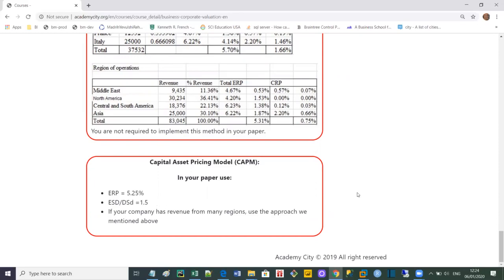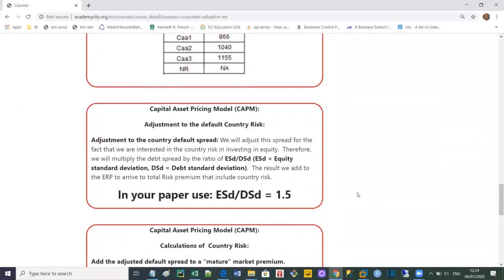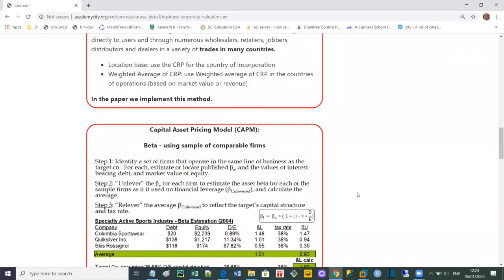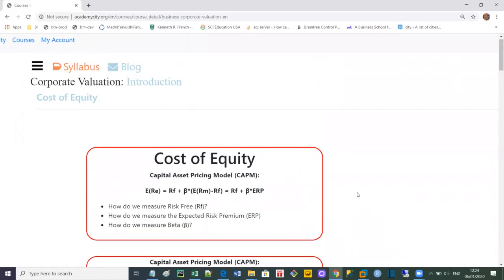That's the end of this short tutorial on how I measure cost of equity. Now that we have cost of equity and cost of debt, we can easily calculate the WACC. In fact, the WACC is calculated automatically for you, as you can see on the first page of the Excel I provided you.